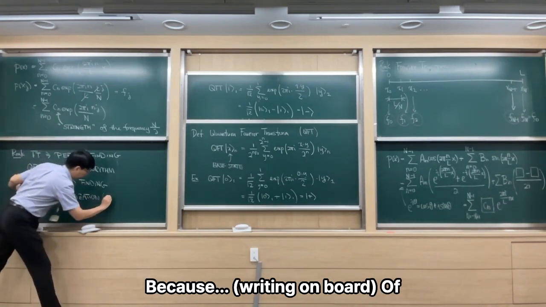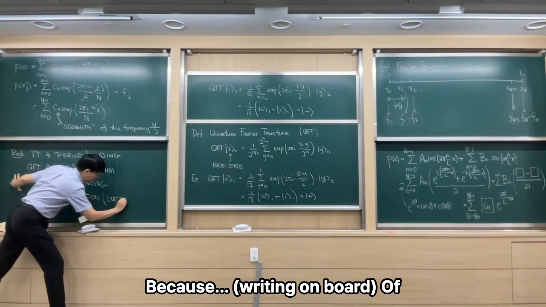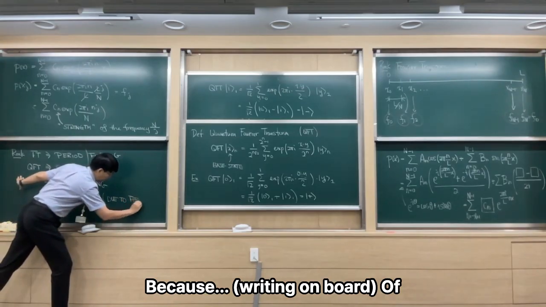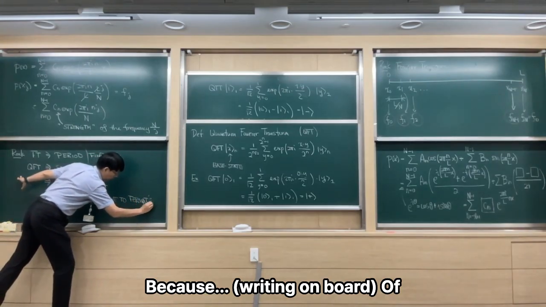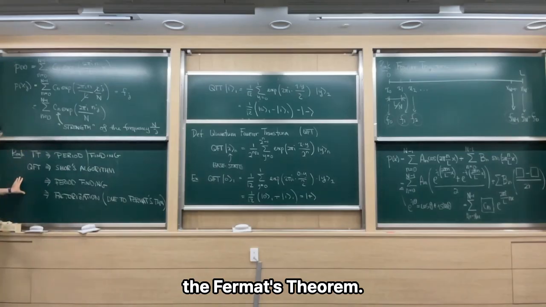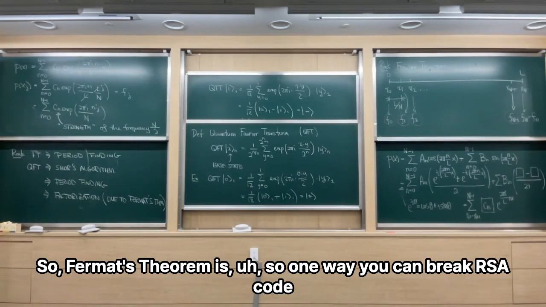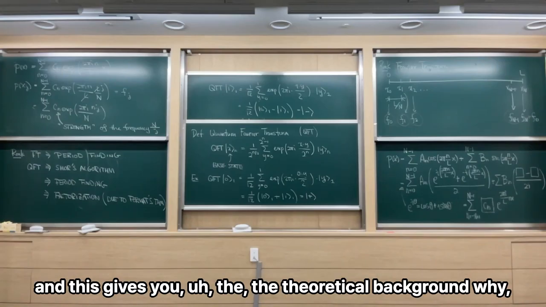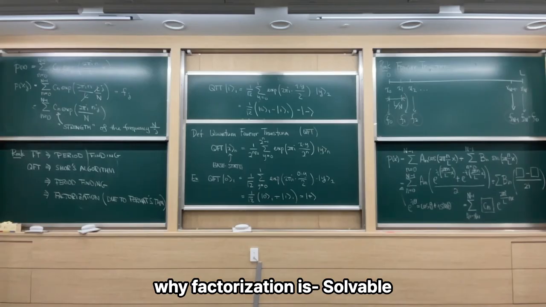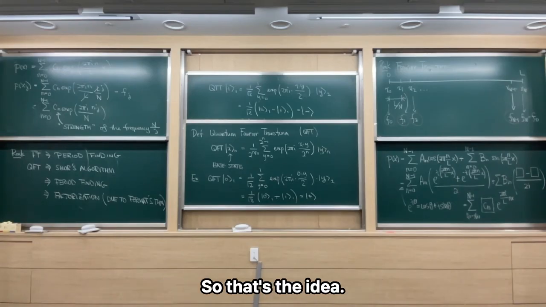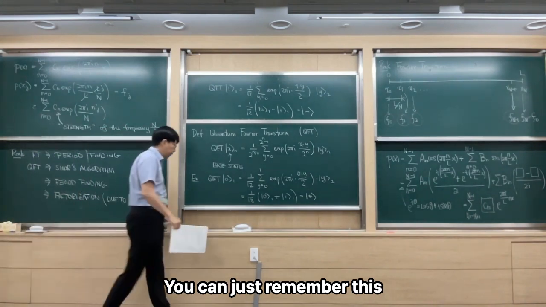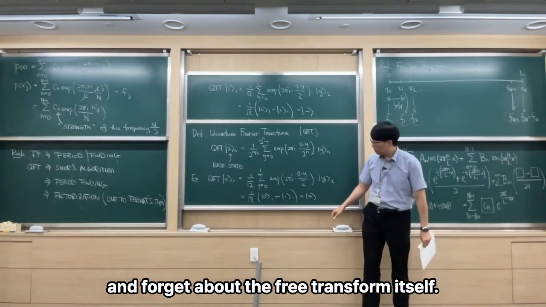Because of the Fermat theorem. So Fermat theorem is one way you can break RSA code, and this gives you the theoretical background why factorization is solvable by finding the period of a number. So that's the idea. You can just remember this and forget about the Fourier transform itself.